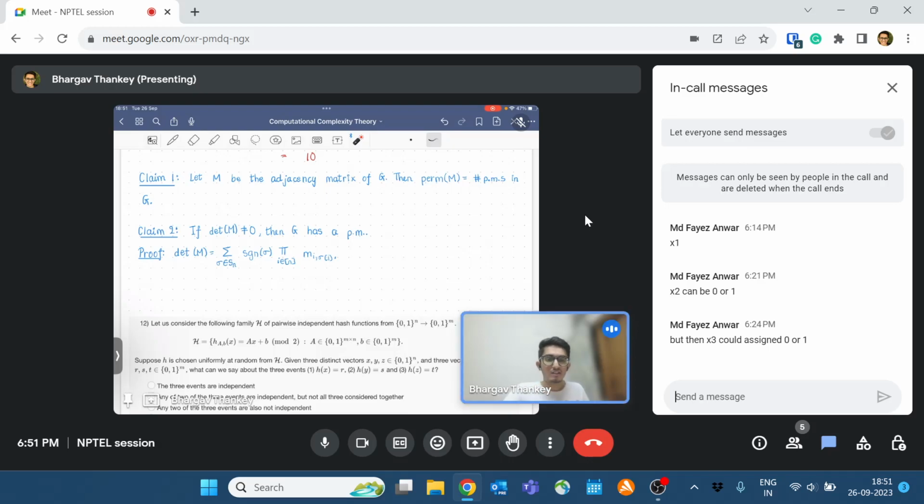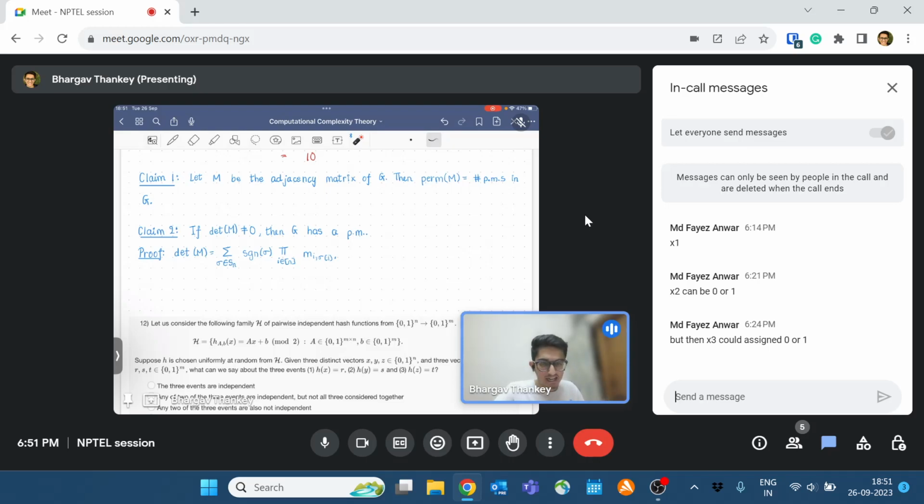Sigma is a permutation of the signs, so different possibilities, plus two minus or minus two plus kind of a thing? No, no. Sigma is a permutation, right? Now it turns out you can write every permutation this way. You can think of a permutation as this.